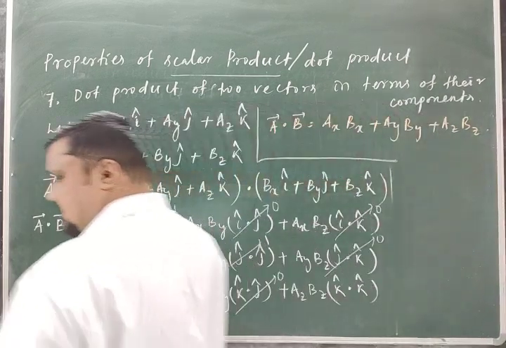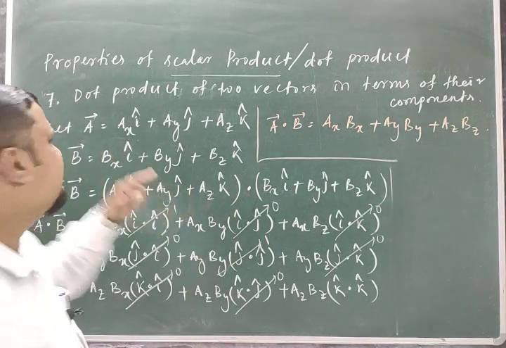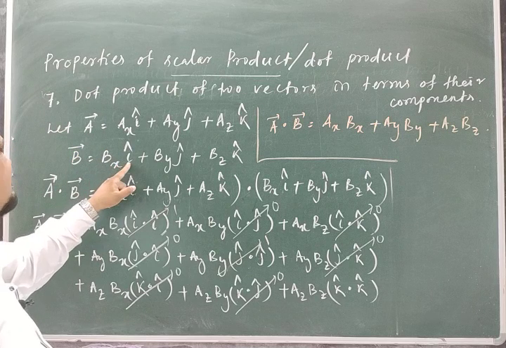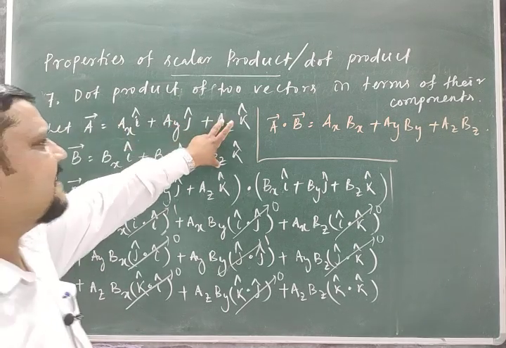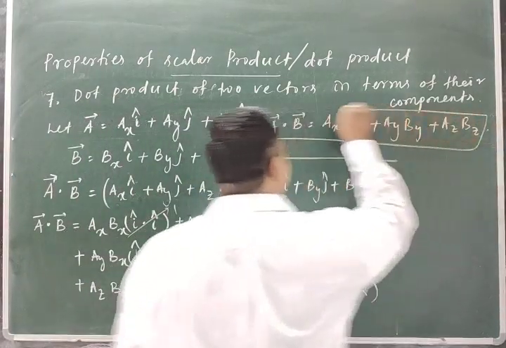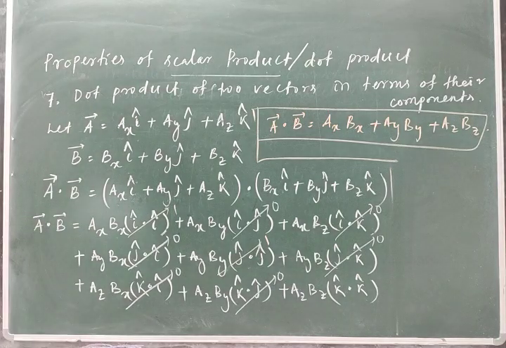Remember, we will use this one. What I am doing here, when you do all these things, is that the coefficient of i cap of A and the coefficient of i cap of B are multiplied, j and j multiplied, and k and k multiplied. The other terms are 0. So remember, this is a very important result in terms of rectangular components.